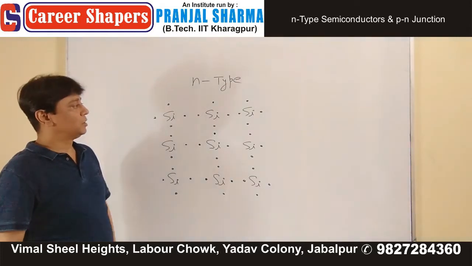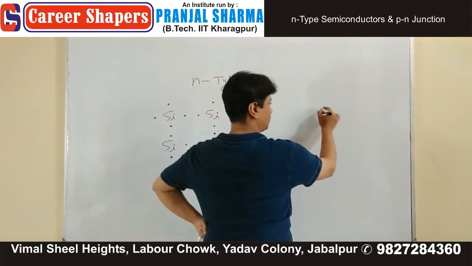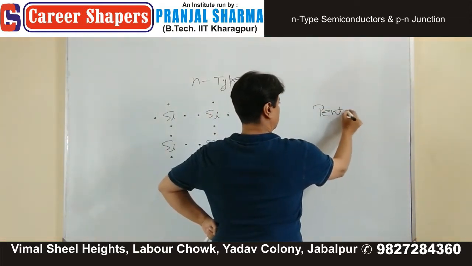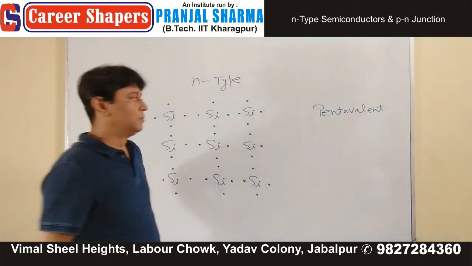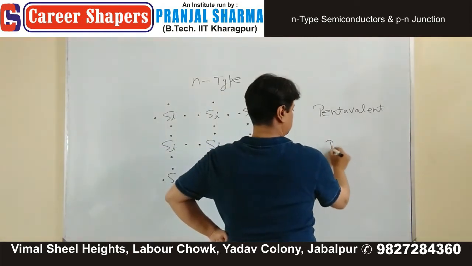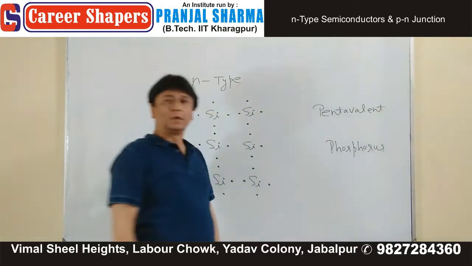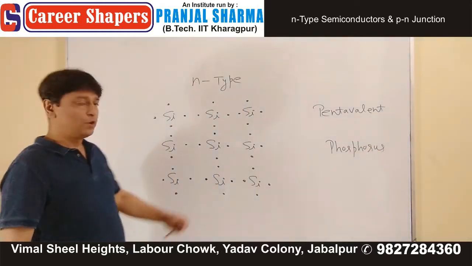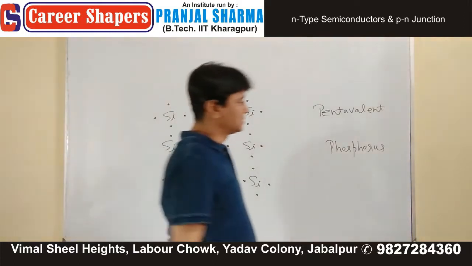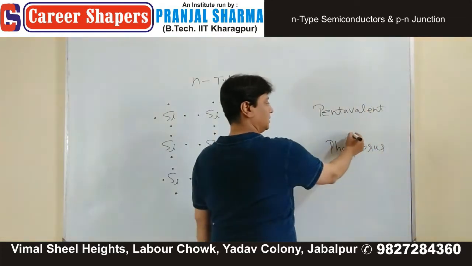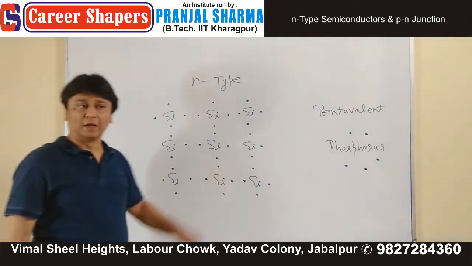In this silicon crystal, if we add an impurity which is pentavalent, for example phosphorus, so when you add phosphorus in it, phosphorus has 5 electrons in its outer shell.